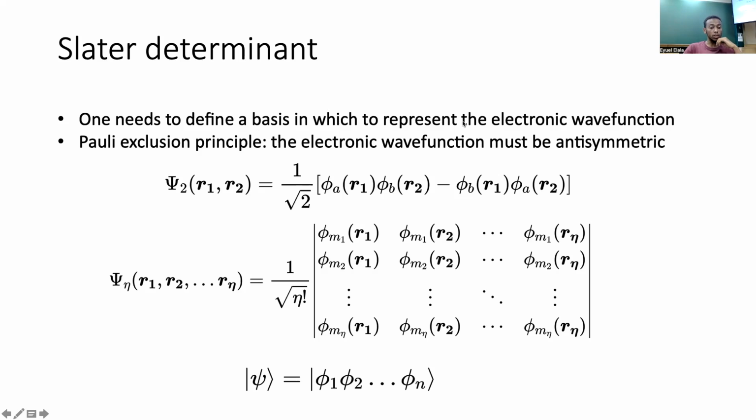In order to represent the many-body basis function, first, there's the Pauli exclusion principle, right? So the electronic wave function has to be anti-symmetric, which means if we exchange the particles, we need to get an inverted sign in the representation. If we have a single basis function and write the wave function as a product of these single basis functions, it might not be right, because when we swap them, we don't get the negative sign.